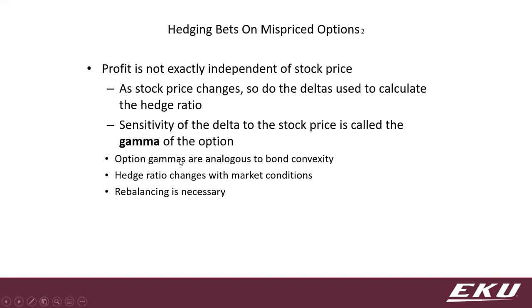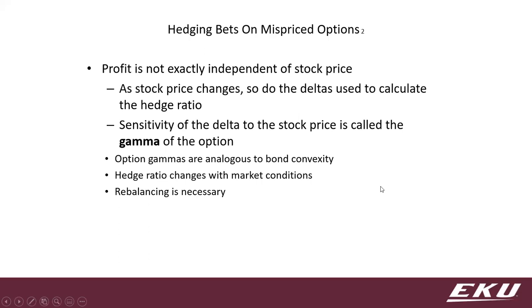The sensitivity of delta is called the gamma. Again, like I said, there's a whole family of these. Those of you that have taken calculus, this is like a first derivative and then a second derivative, but they're partial derivatives along different axes, right? So that's what's going on with gamma. And an option gamma is like the bond convexity.